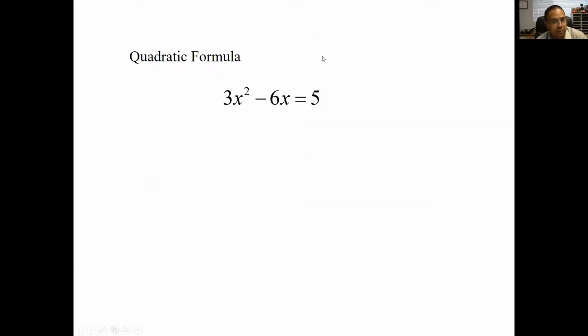What about the quadratic formula? First get into ax squared plus bx plus c, like that. We have to bring this over. So we set it equal to 0, that's the first step.